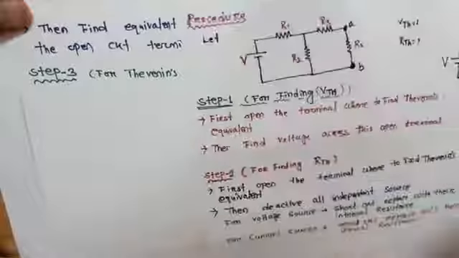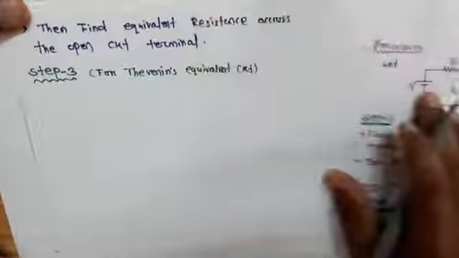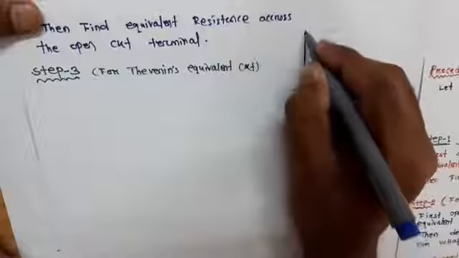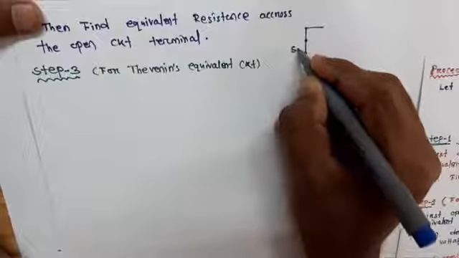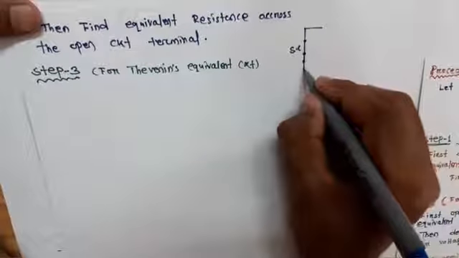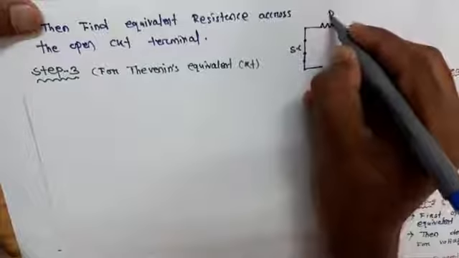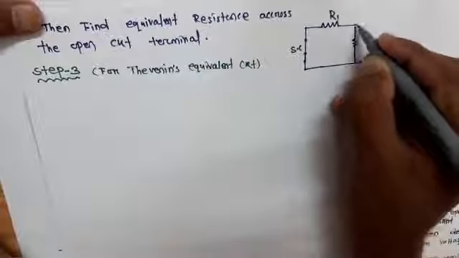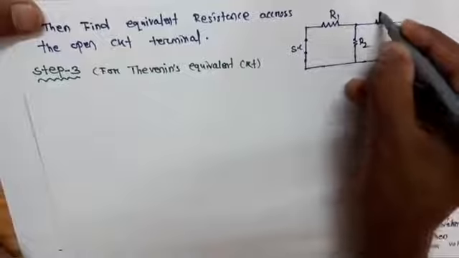But in our case there is only a voltage source, so we deactivate it, meaning short circuit it. Since it is an ideal voltage source with no internal resistance, we just replace it with a short, leaving R1, R2 and R3.